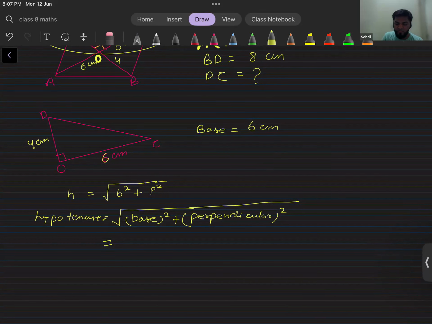Sir, my answer came 52, and I am currently finding the square root. Okay. Base is 6 and your perpendicular here is 4 centimeters.